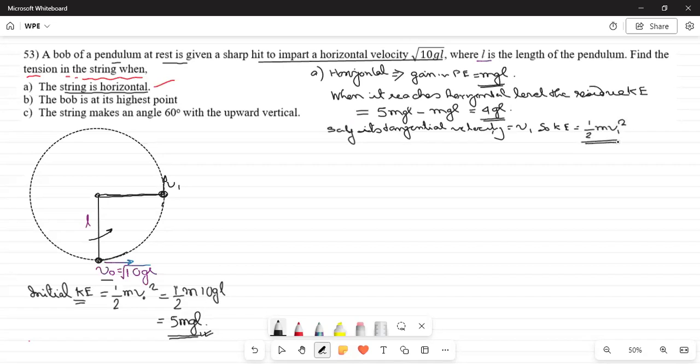And this kinetic energy, half m v1 square, is equivalent to its energy 4 mgL.